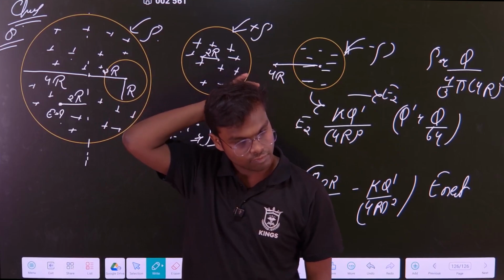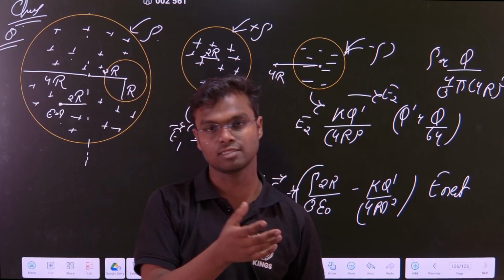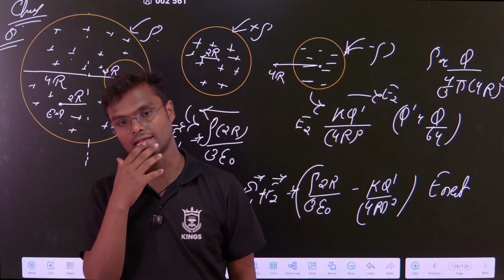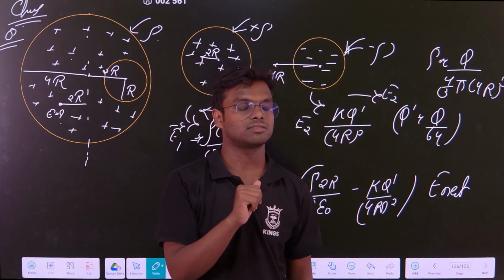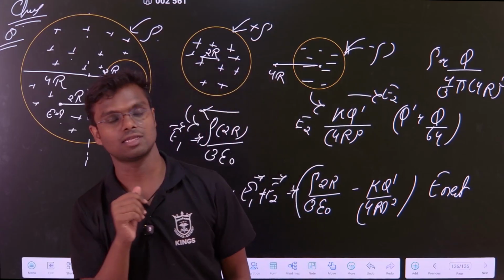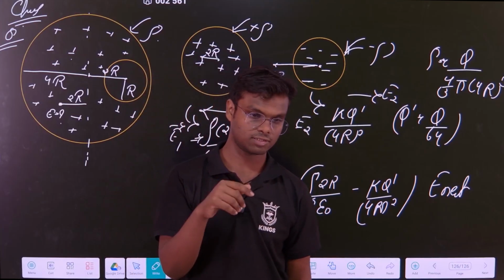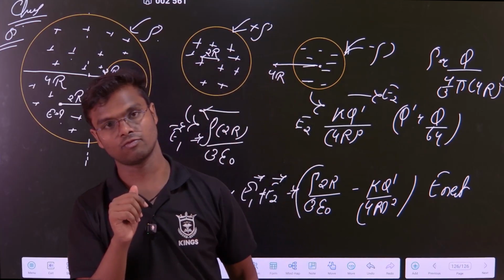In the next session, we are going to discuss a few things that are left. Then we will proceed to the next chapter, current and electricity, and then we will move to the capacitor, because after current and electricity it is easier to understand capacitance.